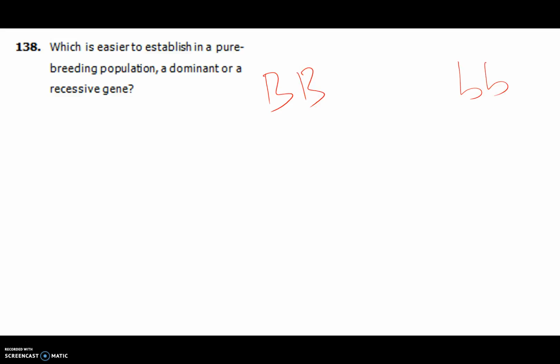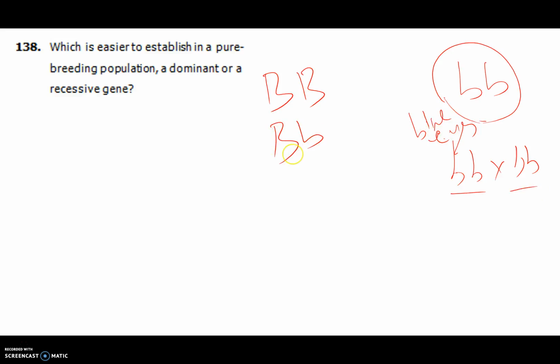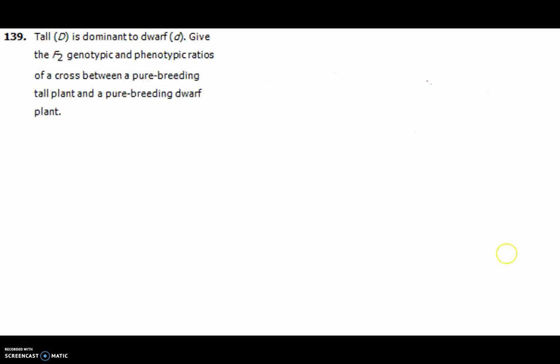I'm going to say it's easier to establish a pure breeding line in homozygous recessive because if a person, for example, has blue eyes, you know they're homozygous recessive. Versus if a person has brown eyes, you don't know if they're homozygous or heterozygous. So it's easier to know for certain if something is true breeding or purebred if it's homozygous recessive.